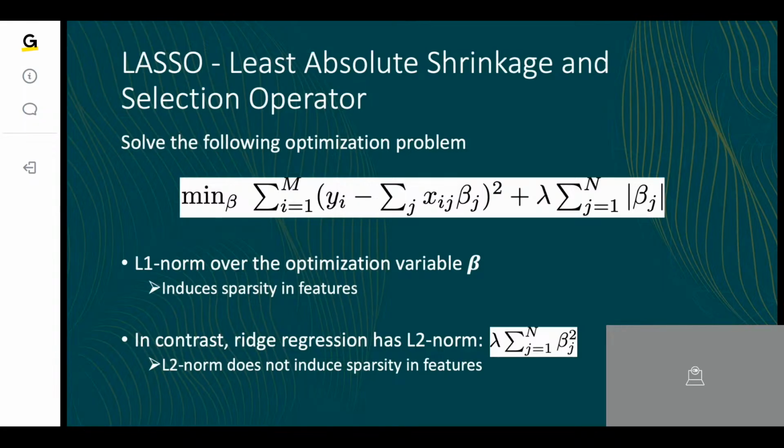The ridge regression doesn't do that. It tries to reduce the size of betas as much as possible, but essentially doesn't drive them down to 0. And just to aid your intuition, let me show you how that works in a two-dimensional plane.